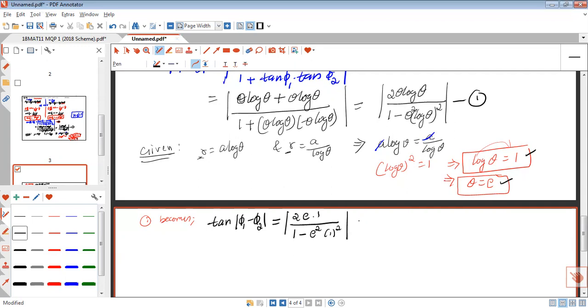That's equal to 2e divided by 1 minus e square.